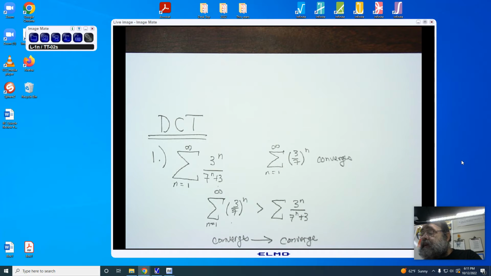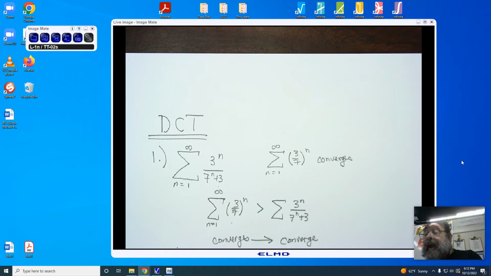So since the summation of 3 to the nth power over 7 to the n is larger than the series that I'm considering, 3 to the n over 7 to the n plus 3. This is the hardest part, writing all of this little stuff down.